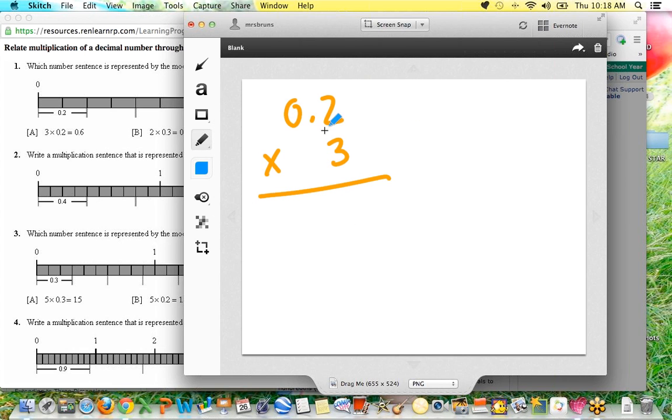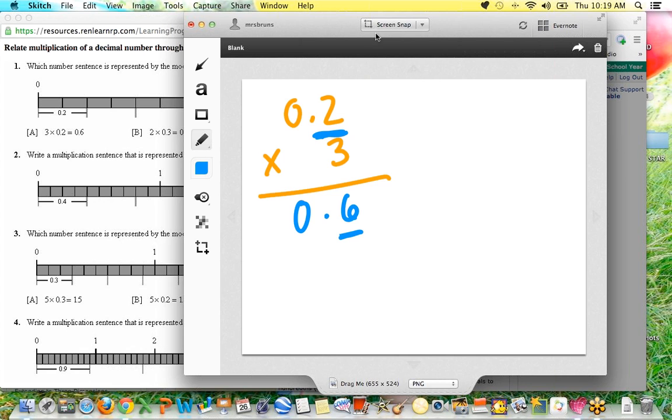How many numbers come behind the decimal? Just one. So in my answer, just one digit will come behind the decimal. Okay, so that's a really easy way of remembering it. There's one number behind my decimal point in my problem. There will be one number behind my decimal point in my answer. Okay?